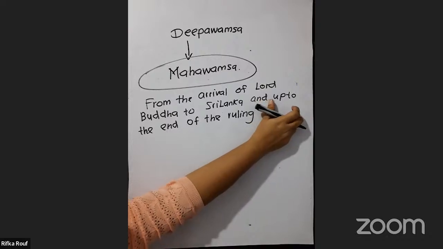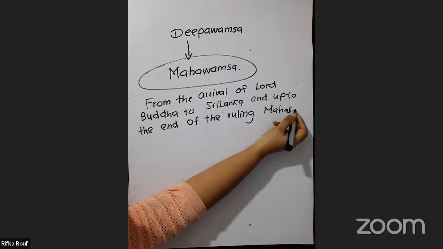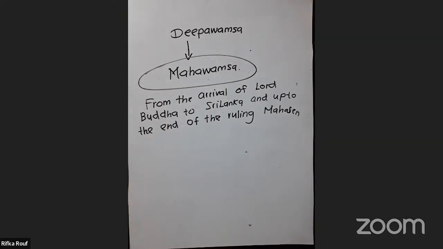So this is the information included in the first part of the Mahavamsa.